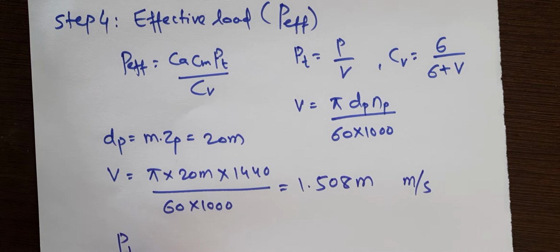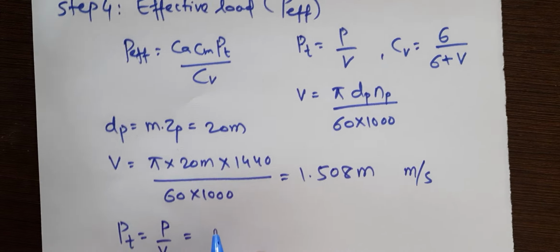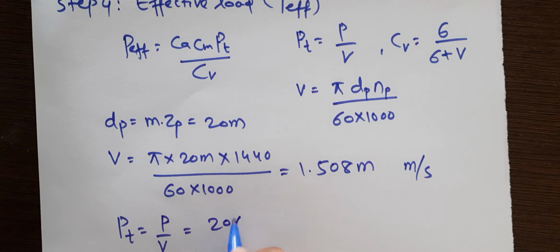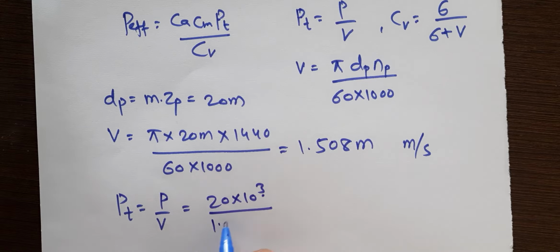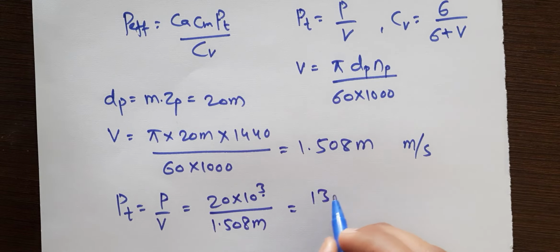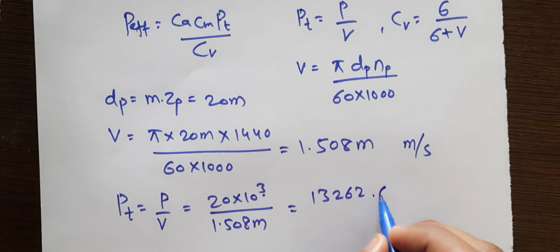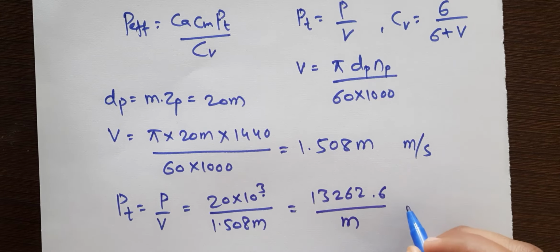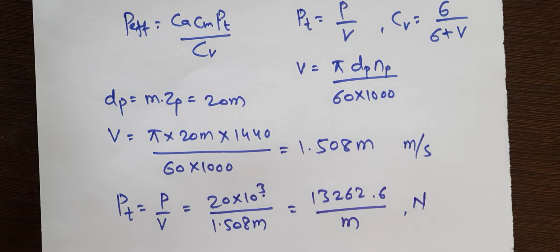PT is nothing but tangential force, and it is power by velocity. So power is 20 into 10 raised to 3 divided by velocity 1.508 module. So you will get PT as 13262.6 divided by module in Newton.